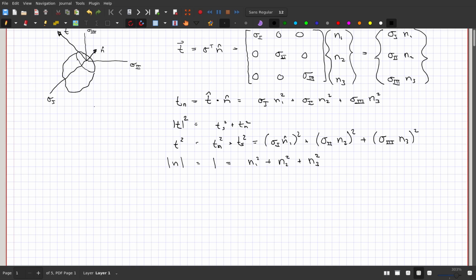So we have 1, 2, 3 equations with n squared in them, right? So I can distribute that squared, I have n squared, right? Yeah? Why is Tn n1 squared? The first equation.